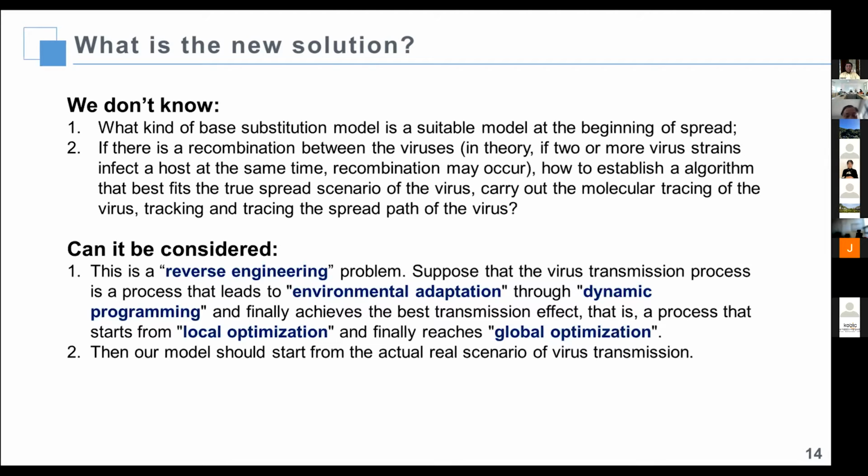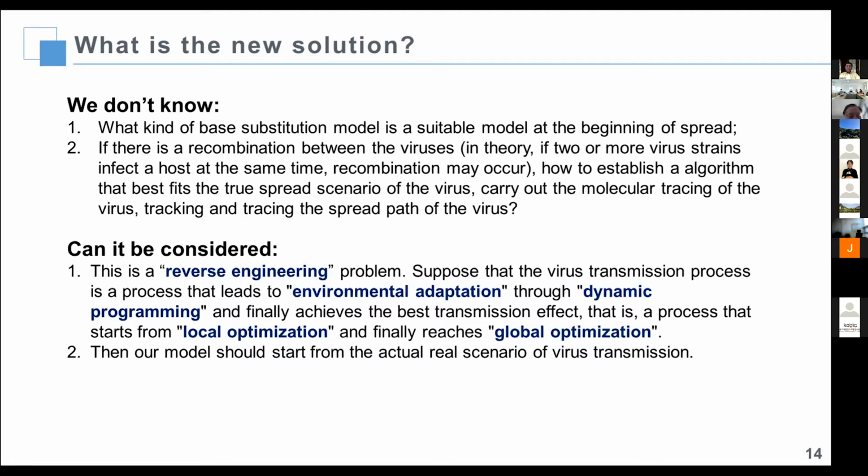Can it be considered? Here, the first point is, this is a reverse engineering problem. Suppose that the virus transmission process is a process that leads to environmental adaptation through dynamic programming, and finally achieved the best transmission effect, that is a process that starts from local optimization and finally reaches global optimization.